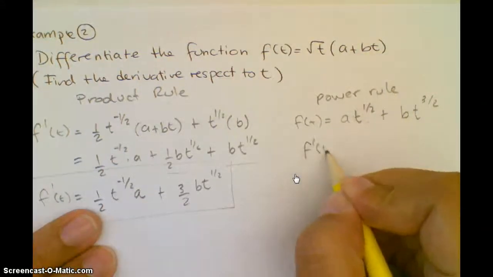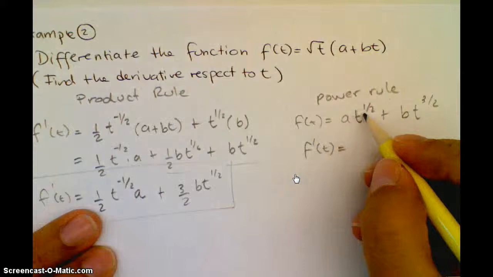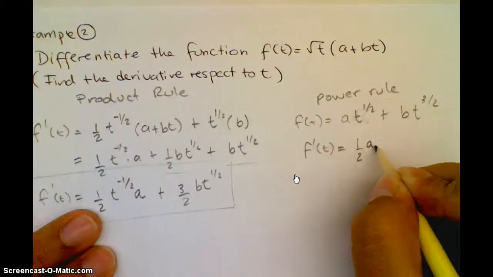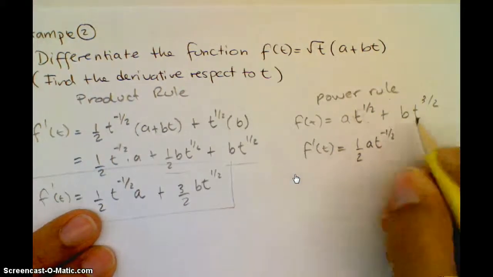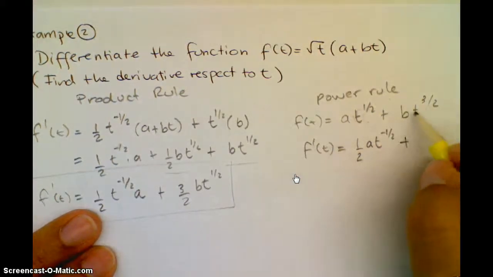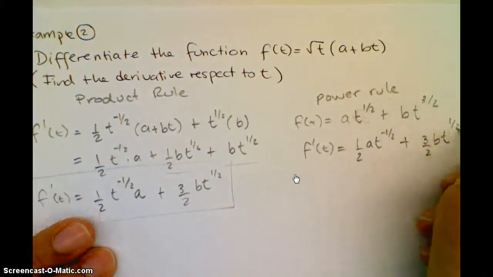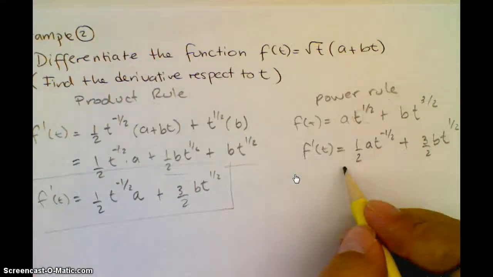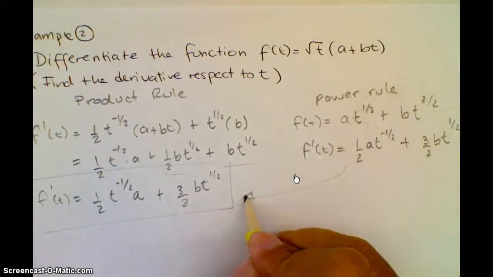So f prime of t will be 1/2 a t to the negative 1/2 plus the derivative of this, which will be 3/2 of b t to the 1/2, which is exactly what you got over here.